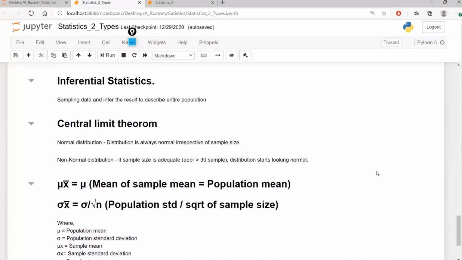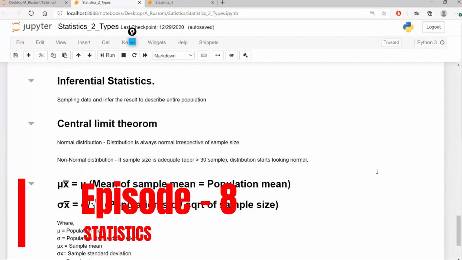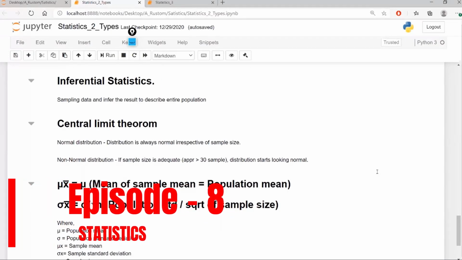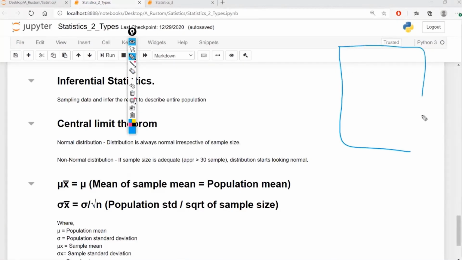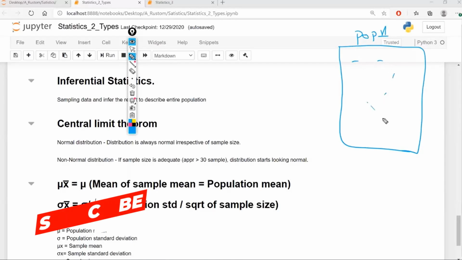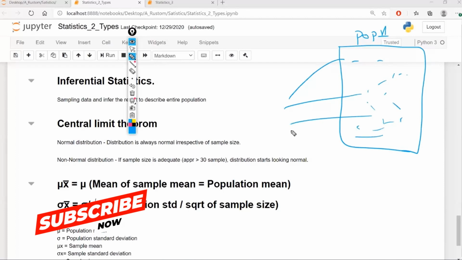So with the help of the central limit theorem, let's look into this. Whenever the data is distributed normally, however you take the samples, let's say you have a population, you have all the data, and you take a sample from this population.